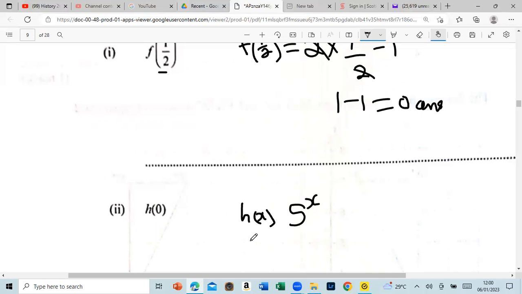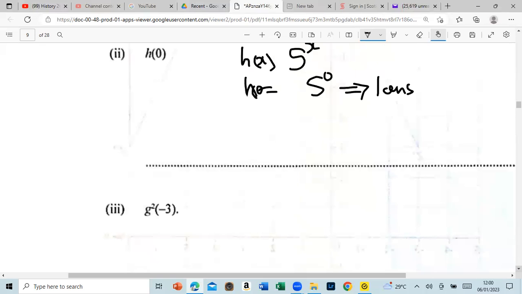Now you're going to replace x with 0, so anywhere you see x, you put 0. So that's 5 raised to the 0, and any number raised to the power 0 is equal to 1. And 1 would be our answer for that one.